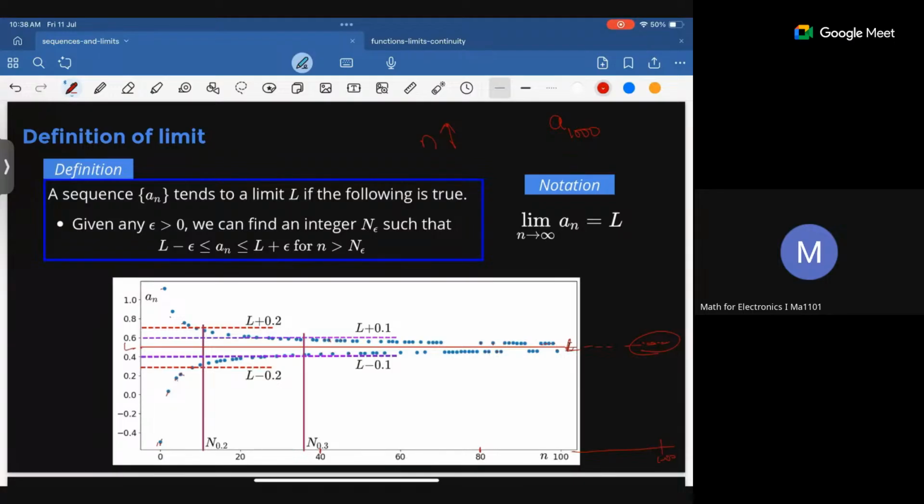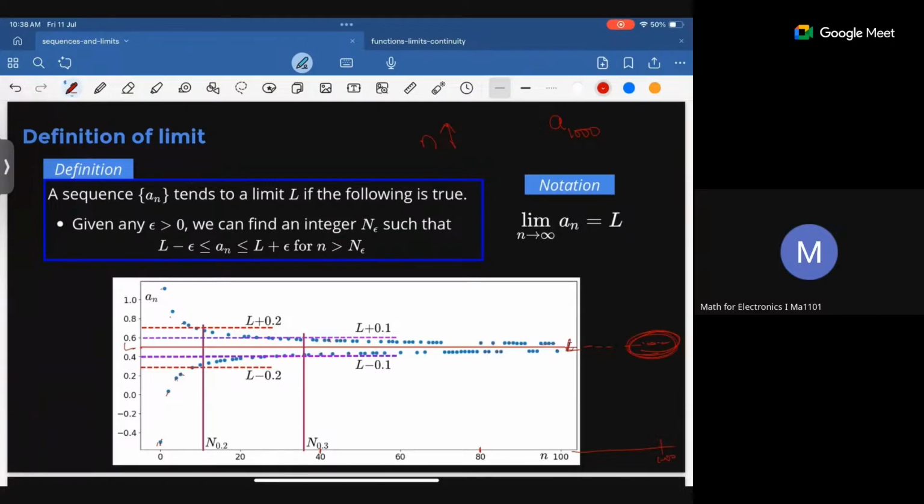Again I will repeat. Sequences in which, as n becomes very large, the term values become a single real constant value are called convergent sequences. Converge means everything is coming together and becoming equal.